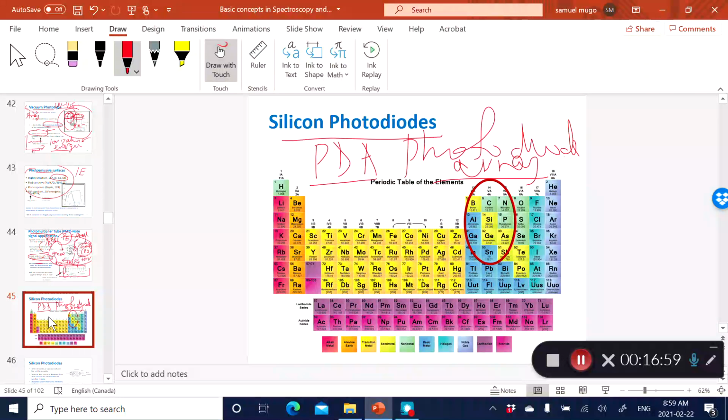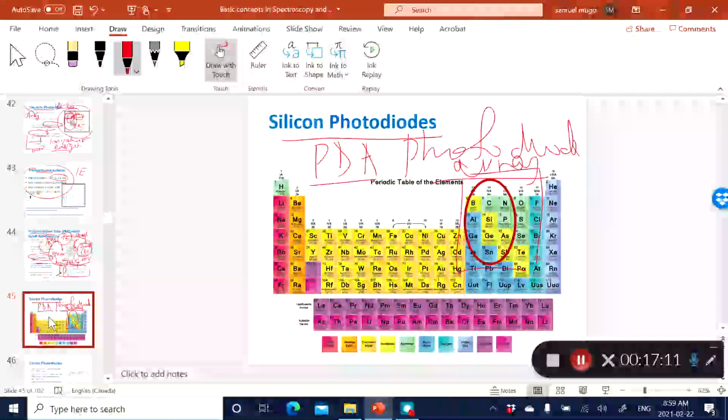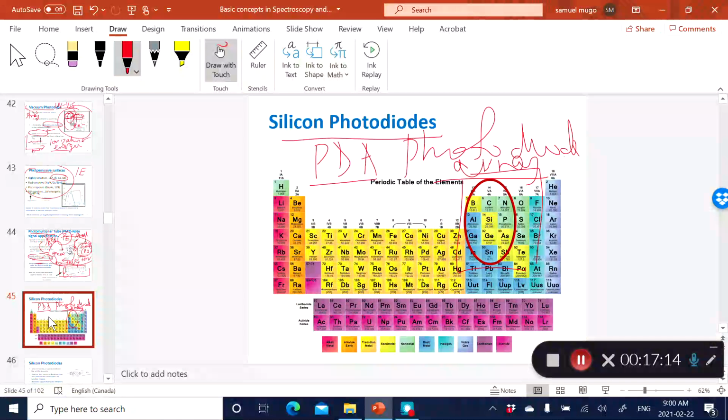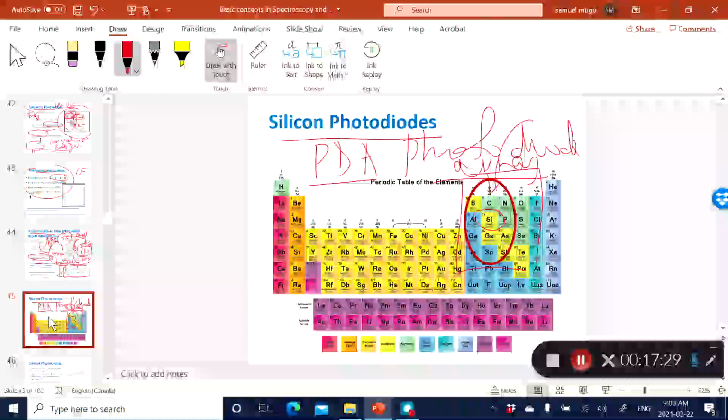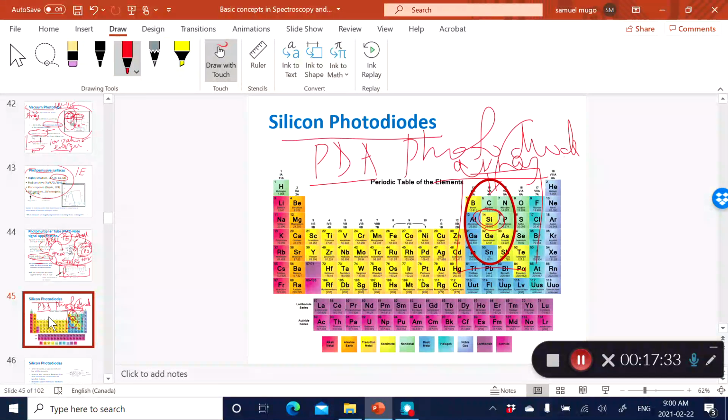And these detectors, or photodiodes, are based on this group of elements here, group 13, group 14, group 15, which have semiconducting properties, particularly group 14. And the most important one, as you would imagine, is silicon. Silicon is what is used to make the photocells and so forth. In this case, we are using them to make the detectors or the photodiodes.